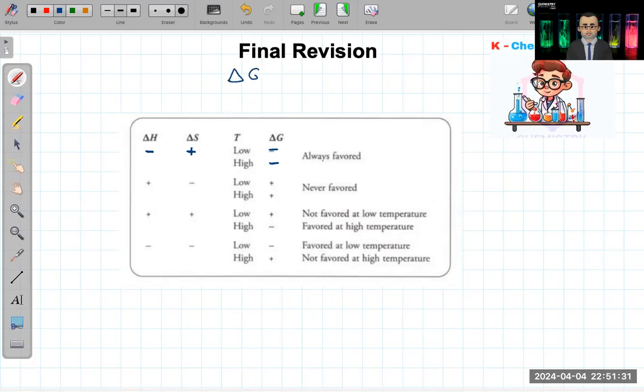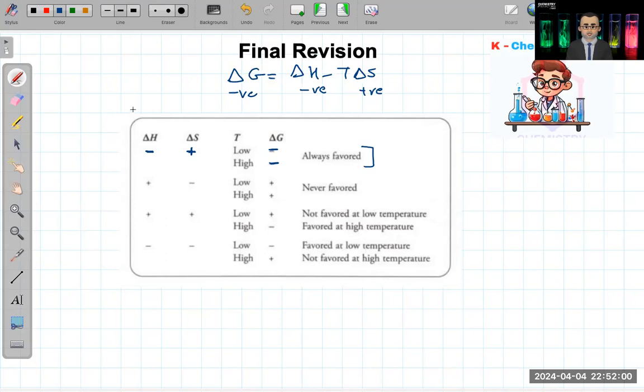You told me delta G is equal to delta H minus T delta S. I started putting some numbers and trying. I found that if this one is negative and this one is positive, no matter what I do, the delta G will always be negative. So a reaction in which delta H is negative and delta S is positive will always happen.